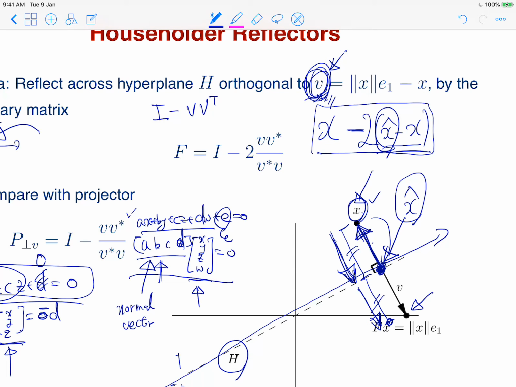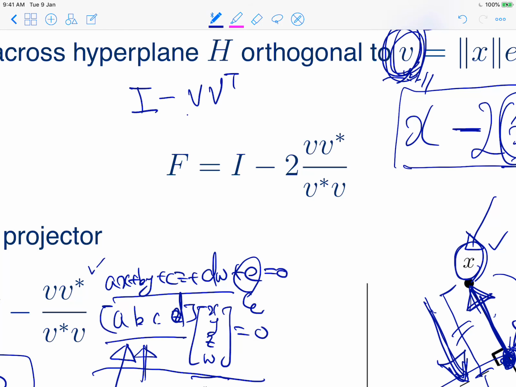And this is not it, because we do not have the unit length assumption for V. So in order to have the unit length assumption, we need this as our normalizer.